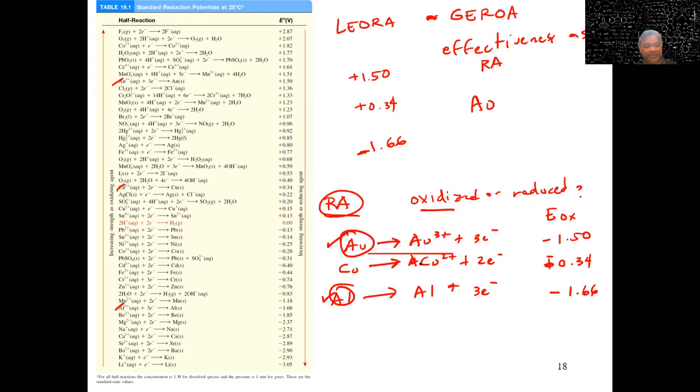So ibig sabihin nito, between the three, the one that has the tendency to oxidize is aluminum because it has the lowest reduction potential. And since it tends to be oxidized, that means it is the more effective reducing agent. Yun yung interpretation nito.